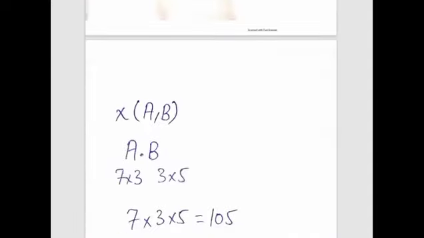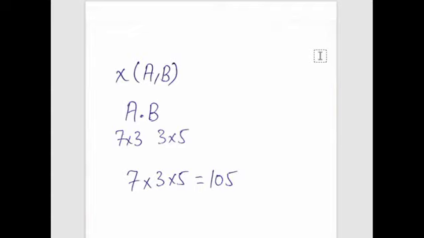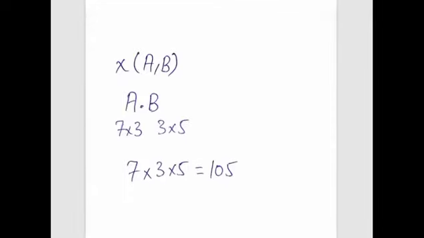If we are going to multiply the matrices, the first one, that is A to B, we will take X of A comma B, which means that we have to multiply the matrix A with the matrix B. What are the dimensions of the matrix A? The dimensions are 7 into 3.